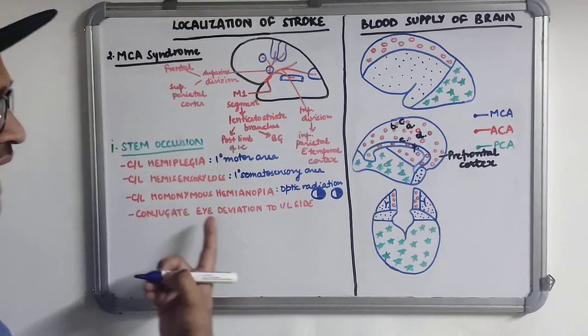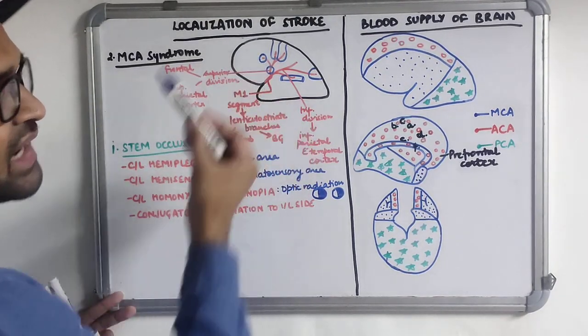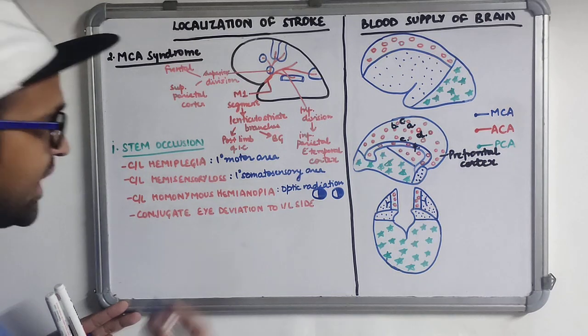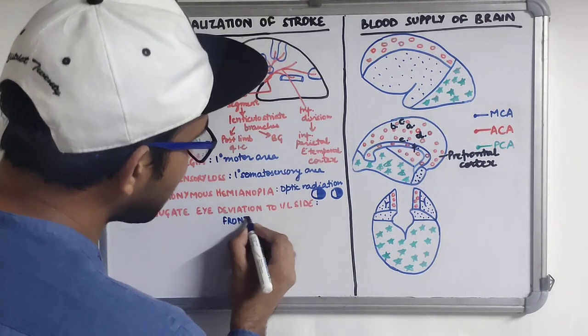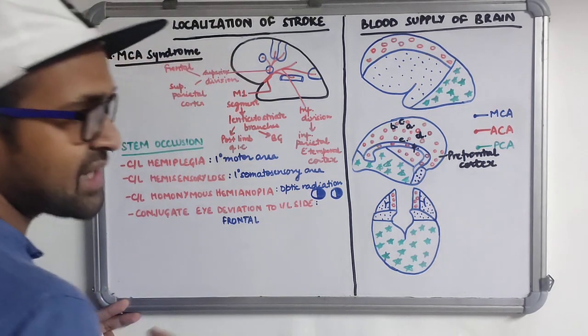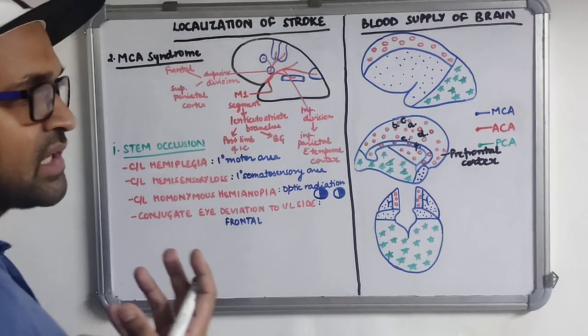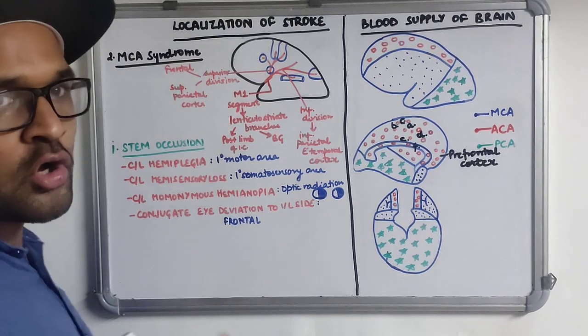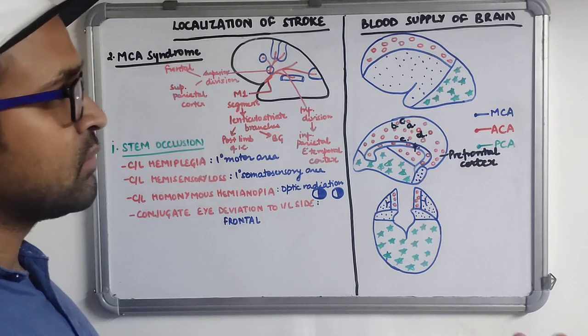Similarly, conjugate eye deviation to the ipsilateral side occurs due to involvement of the frontal eye field, Brodmann area number 8. This frontal eye field is also known as the contraversive eye center. It is primarily responsible for conjugate deviation of the eyes to the contralateral side.